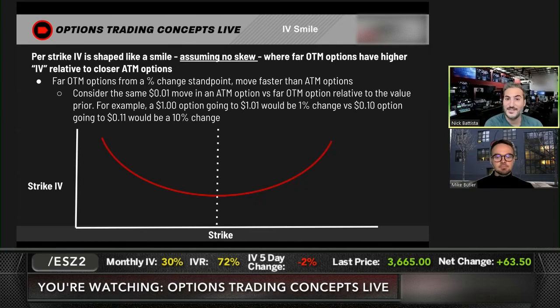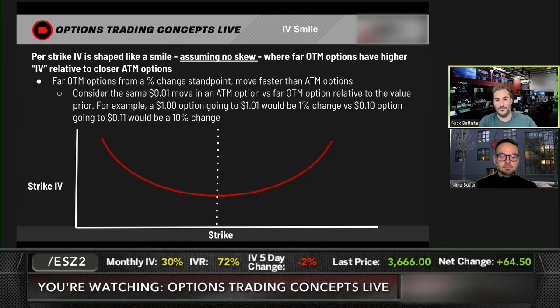When you look at an option trading for a dime, and it goes to 11 cents, that represents a 10% change in the option's value. All else equal, that option's volatility is much higher because it moved a penny and that's 10% of its value.